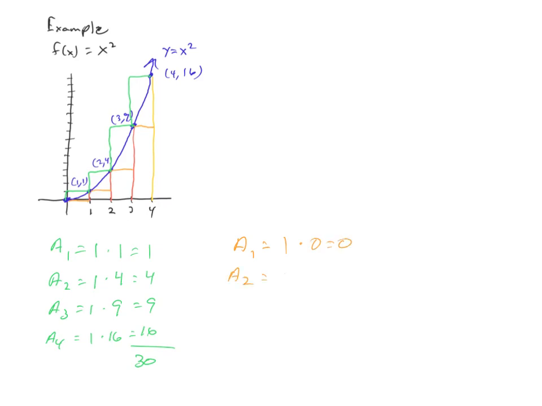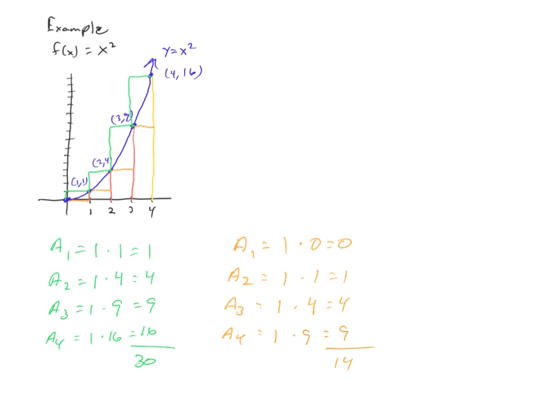Area 2, my base is 1, and the height is 1, so it's 1. Area 3 is going to be 1 times the height, which is 4. And the fourth rectangle, this one right here, the base is 1 times 9 equals 9. And so when I add those up, I get 14.